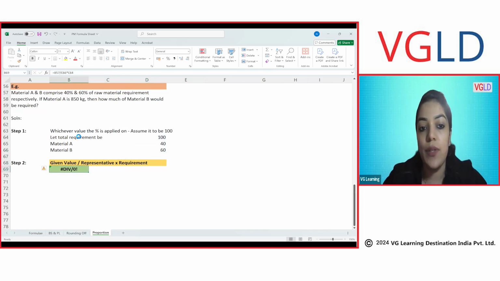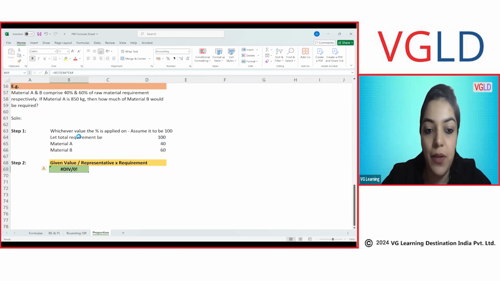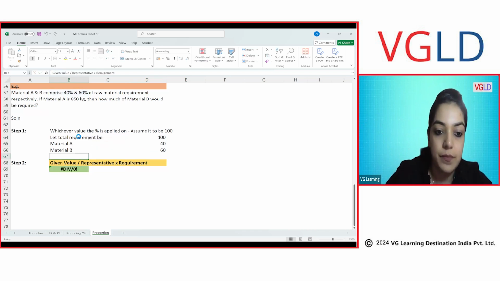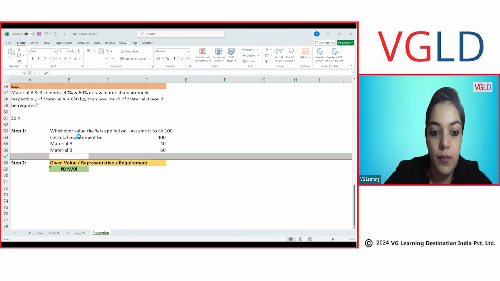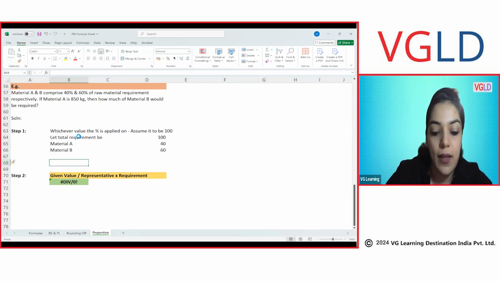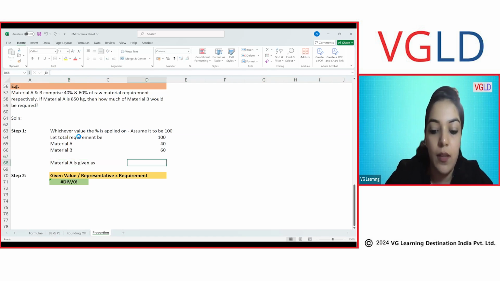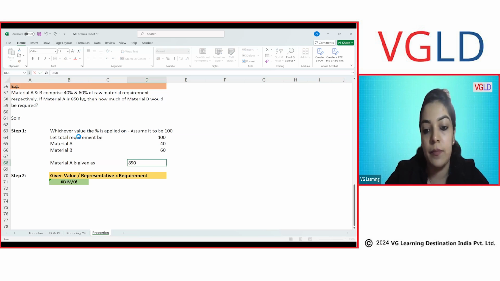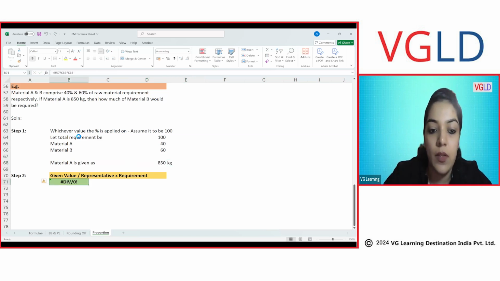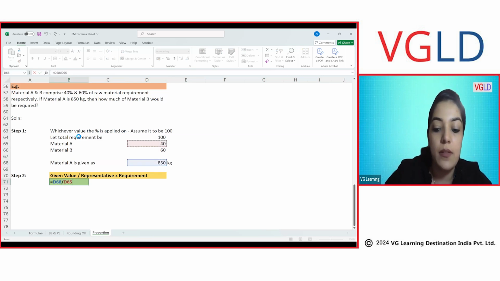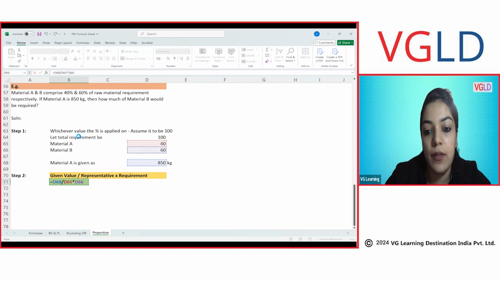Correct? Now what you have to do is same logic. What is the given value? Material A is given as 850 kg. So given value divided by representative multiplied with requirements. 1275.